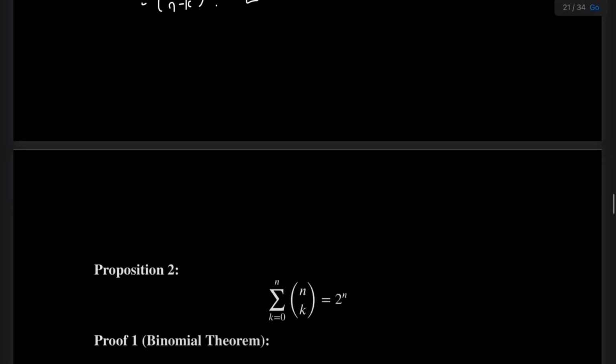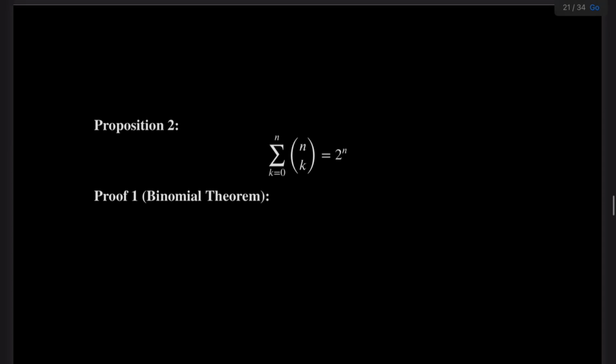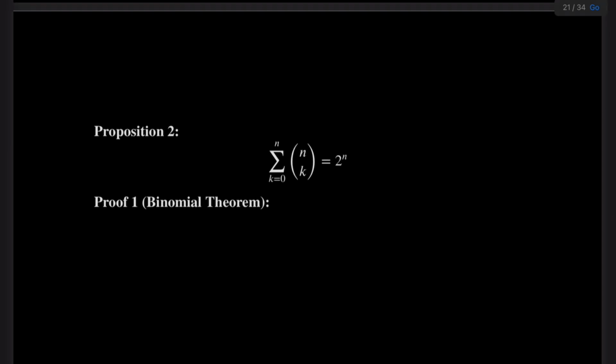Okay. Let's move on to the row sum property. This one I think is a little more mysterious. I sure wouldn't immediately guess that it's true, but it has some really nice proofs. I would say the simplest one is due to the binomial theorem, which is, okay, what is 2^n? This is (1+1)^n. Okay, no big surprise, but now we can use the binomial theorem, right?